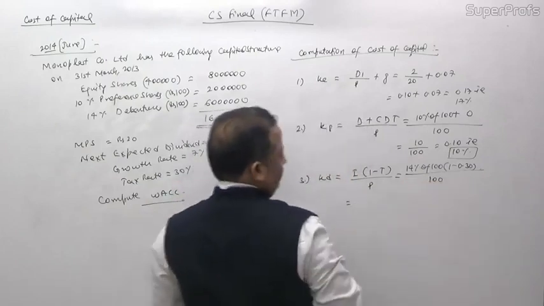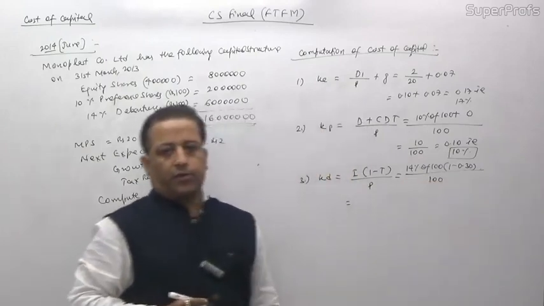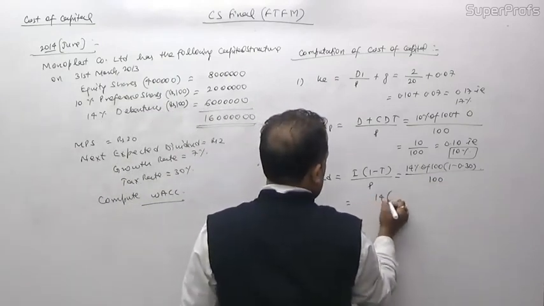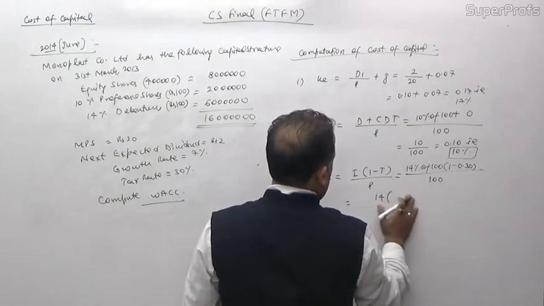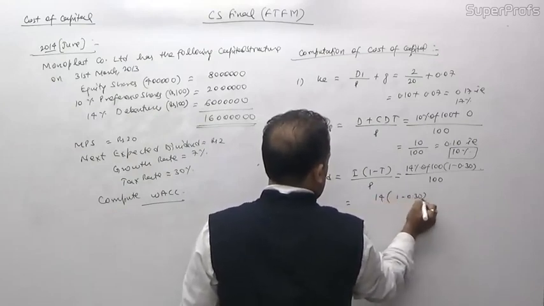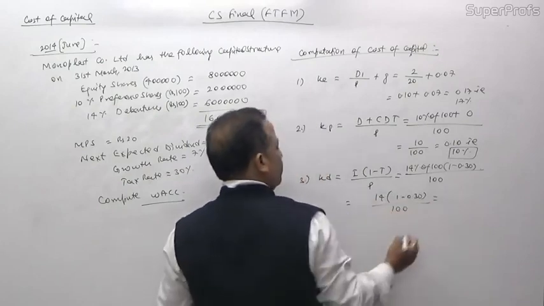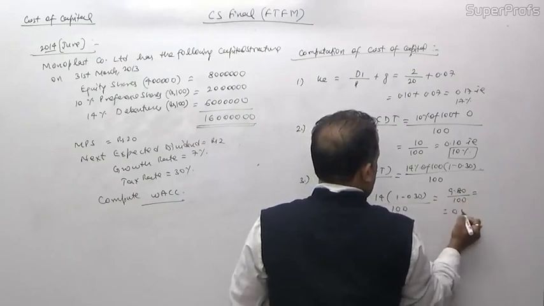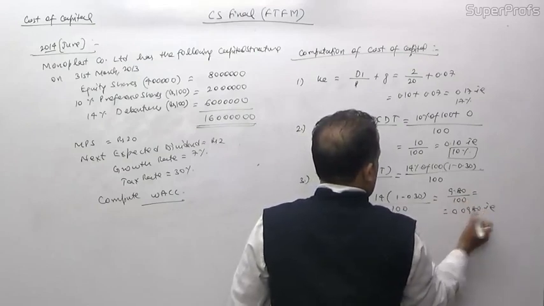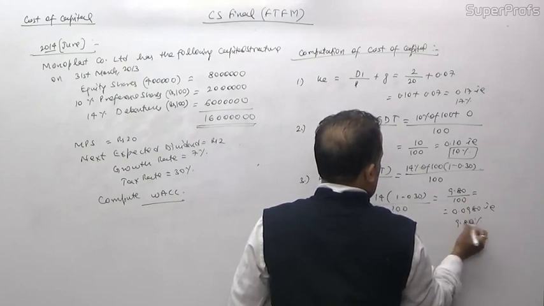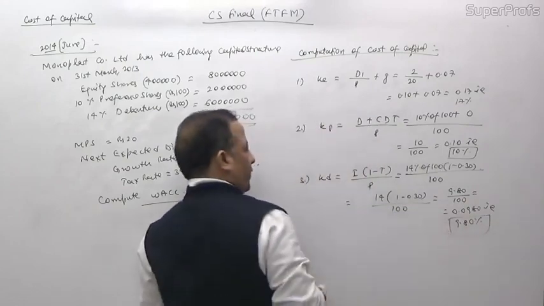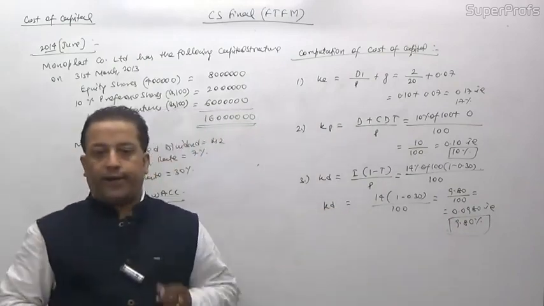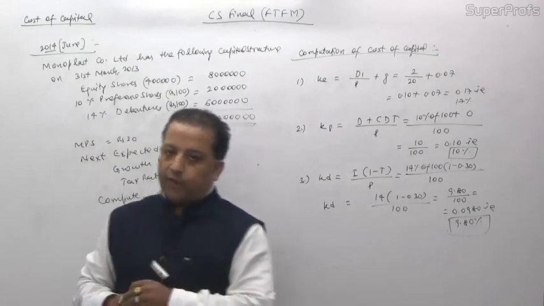Flotation price is not given, market price is also not given, so the face value of rupees 100. 14% of 100, 14 into (1 minus 0.30), that is 0.70, divided by 100, 9.80 divided by 100, that is 9.80%. 9.8% is basically the cost of debt.